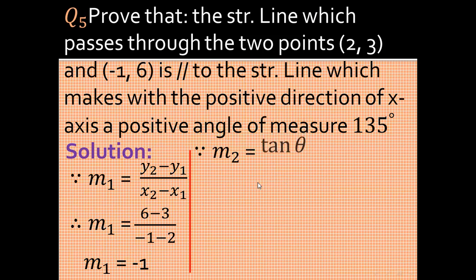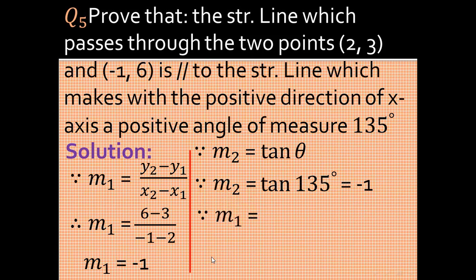If we find the slope of the straight line which makes the angle 135 with the positive direction of the x-axis, we need to find the tangent of this angle. So M2, or slope 2, equals tangent of 135. And if we press tan 135 in the calculator, it's going to be -1.